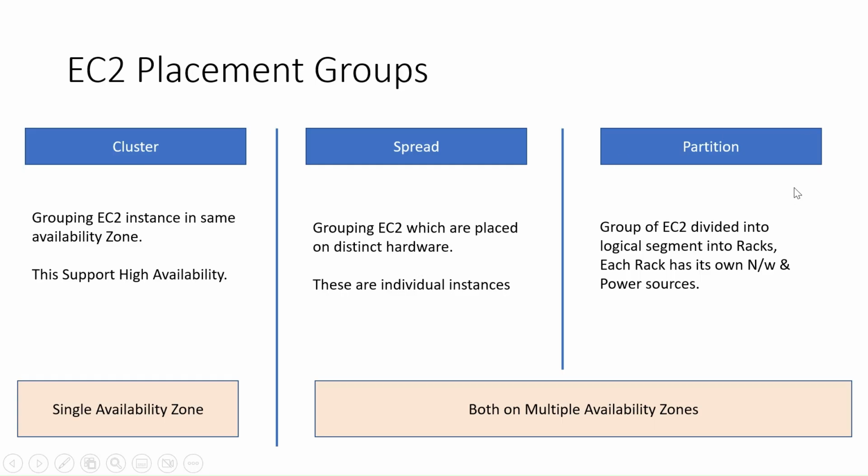This is an EC2 instance group that is logically divided into racks, and each rack has its own network and power source. These two, spread and partition, can be in multiple availability zones, and cluster is in a single availability zone. So this is a placement group. Out of these placement groups, you can choose the servers from any of them, or you can mix and match and also choose the EC2 instance.